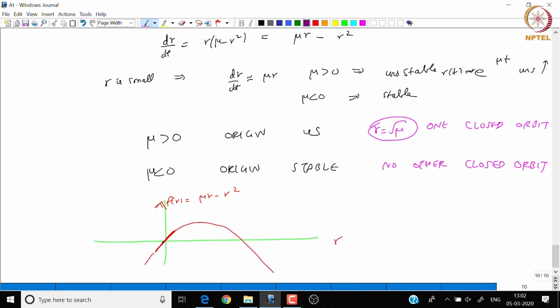So there are two equilibria. Between here and here, r dot is positive, so the radius always increases. When r is bigger than root mu, it decreases, because dr/dt is negative here and positive there. So we see this closed orbit is actually stable.